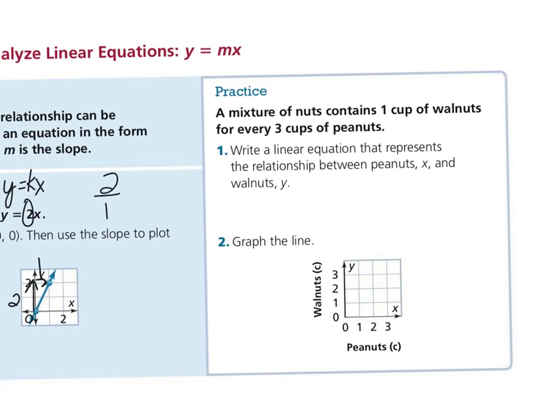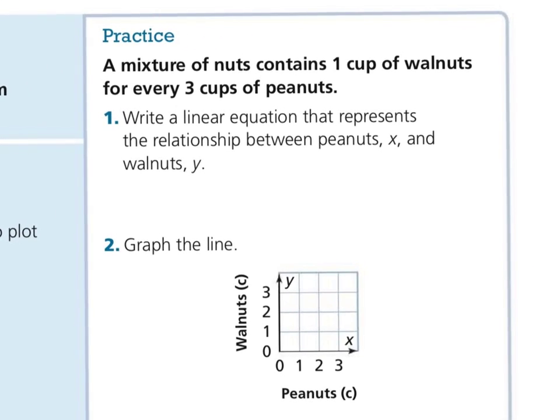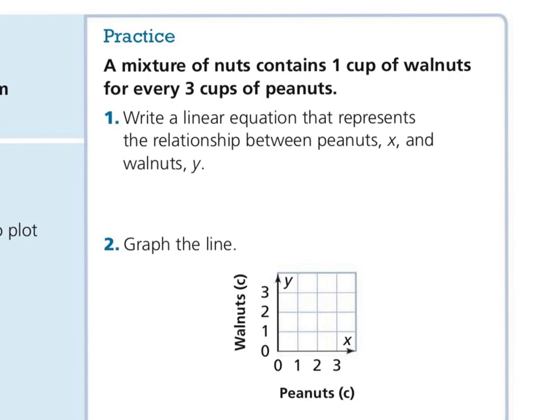If we look at the practice, right before that is kind of our directions. A mixture of nuts contains 1 cup of walnuts for every 3 cups of peanuts. They want us to write a linear equation that represents the relationship between peanuts x and walnuts y. Make sure you're keeping track of this. I've got it color coded here. You're welcome to use colored pencil to keep track of your stuff better if you want to.